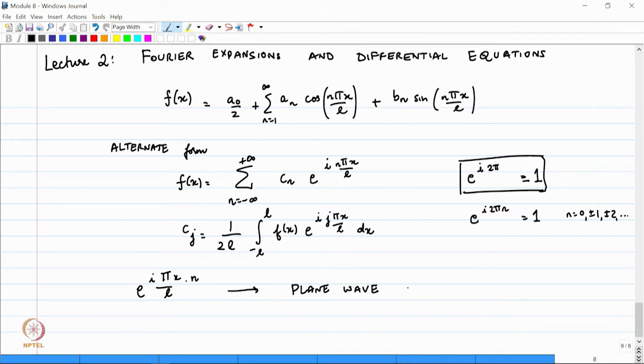So, this is often referred to as a plane wave, and writing this f of x in this form is often referred to as a plane wave expansion. So, this is about Fourier series in a different form.